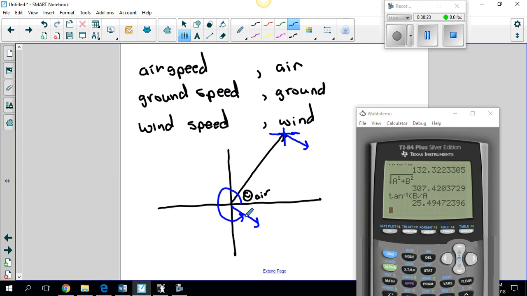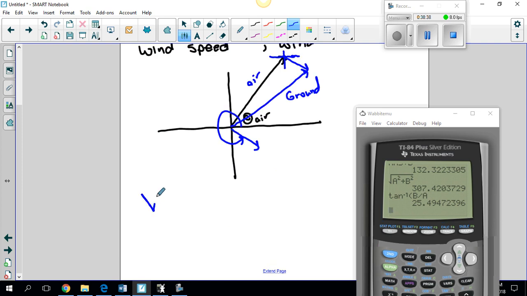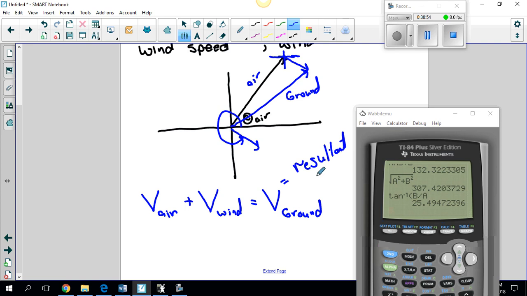And it's going to put you here, and that is the ground. This is the air, and that's the wind. So V air plus V wind equals V ground. And this is the resultant vector.